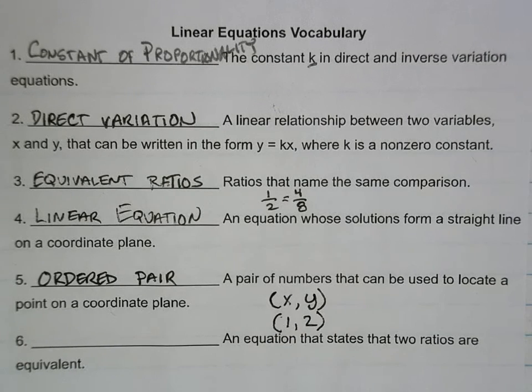That's an ordered pair, where I give you the x and I give you the y. We have the y coordinate and the x coordinate. Together they make an ordered pair.